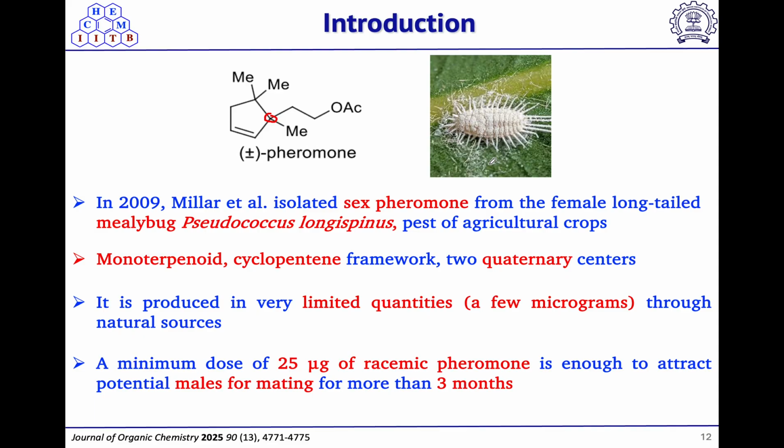Now the structure, if you see, has a total of two quaternary centers, and among them one is a chiral center, and it is in the monoterpenoid class of molecules.